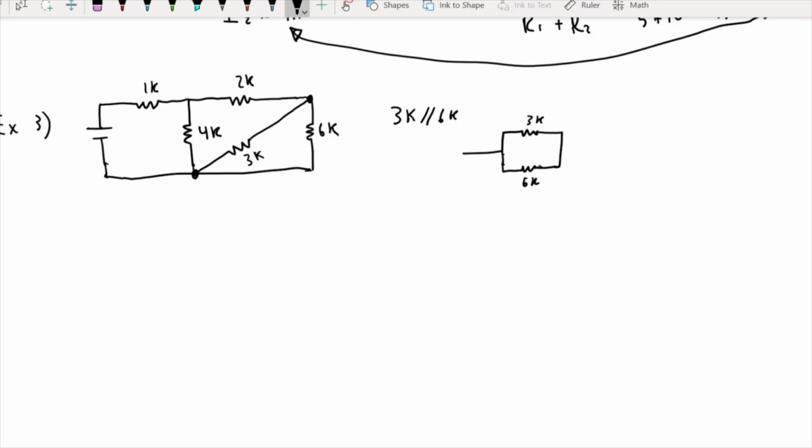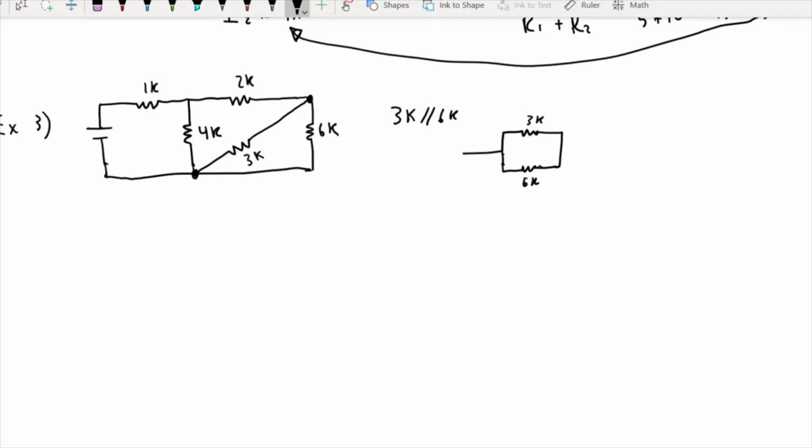And in this circuit, we have series and parallel connections. The last two examples were only one or the other. So yes, we can solve for the R effective, but we just have to break it down into smaller steps. What I like to do for these types of problems is solve for one chunk and redraw the circuit, then solve for the next part and redraw it, and the next part.